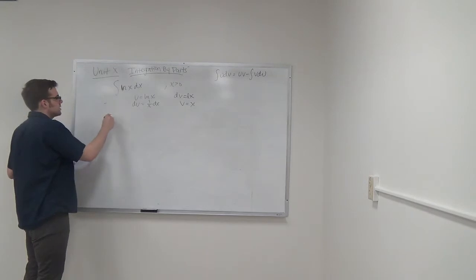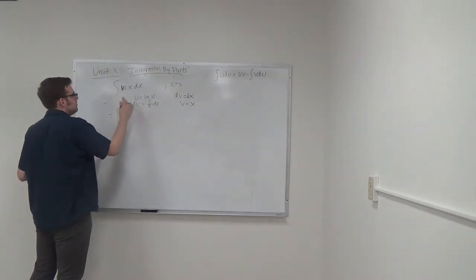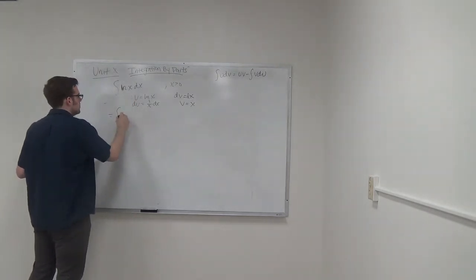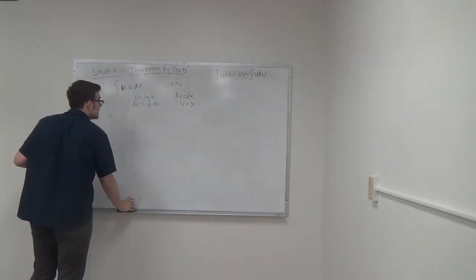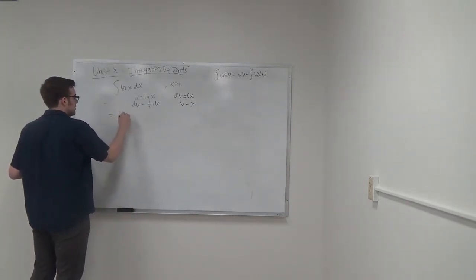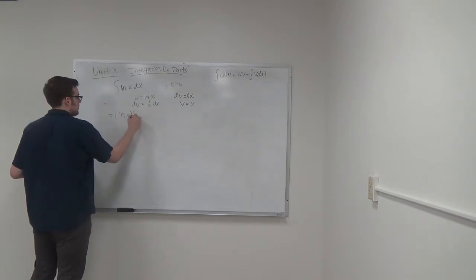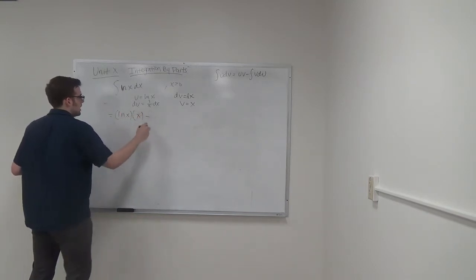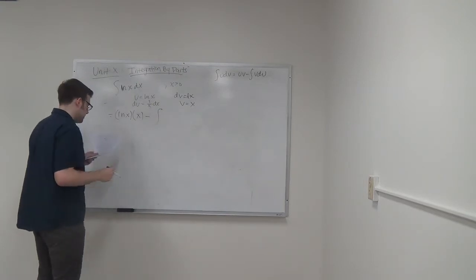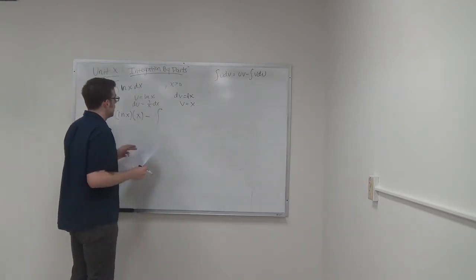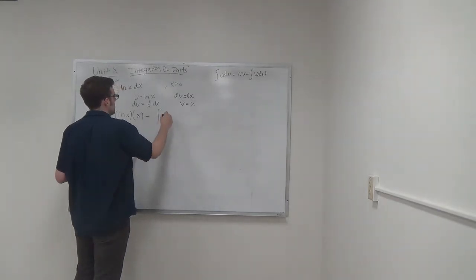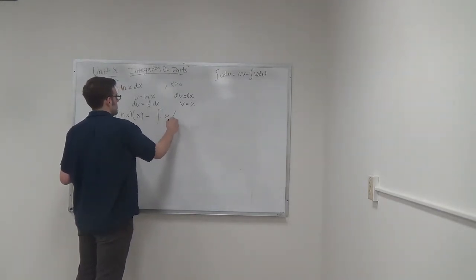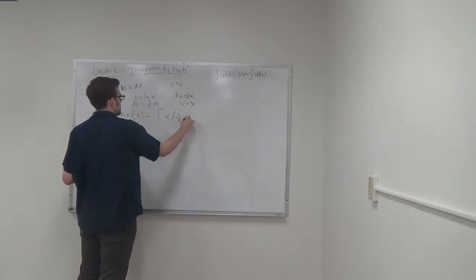So evaluating this integral, it's equal to u, which is natural log of x, times v, which is x, minus the integral of v, which is x, times du, 1 over x dx.